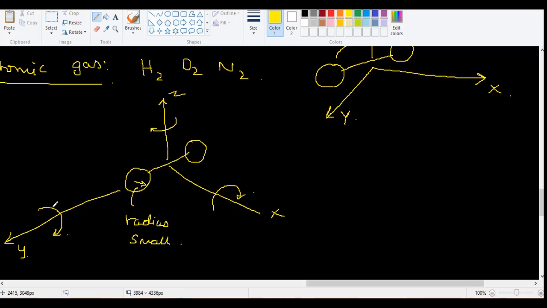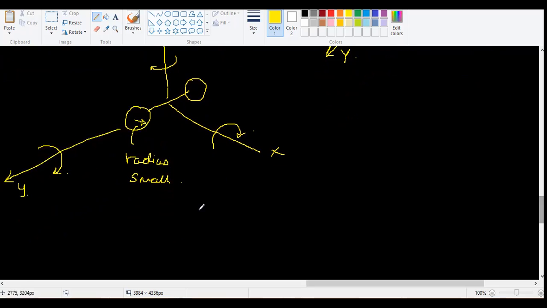So since the radius is small in this direction, we say that the diatomic molecules will be considered only for two rotational motions, and this one will be ignored. So only this alone is neglected. These things are significant.